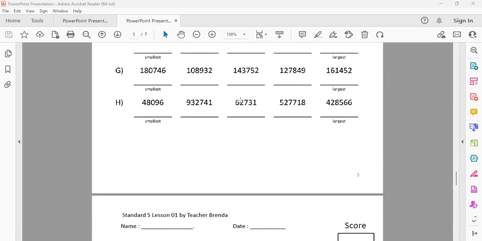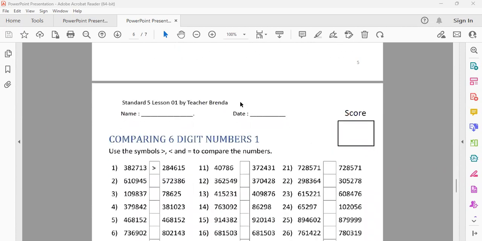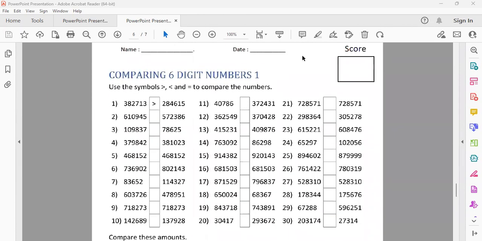Now, this page 5 also touches on your knowledge of understanding big and small, large and small. So coming to page 6, in maths, we use symbols.